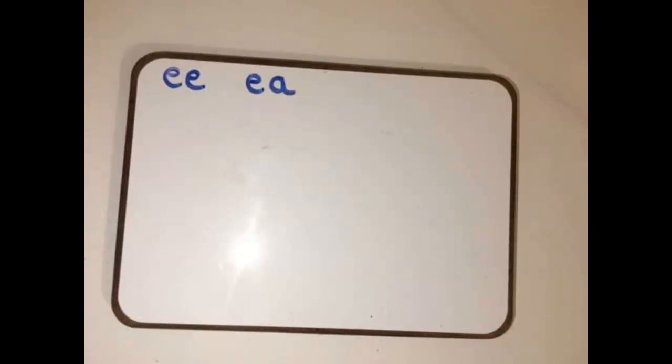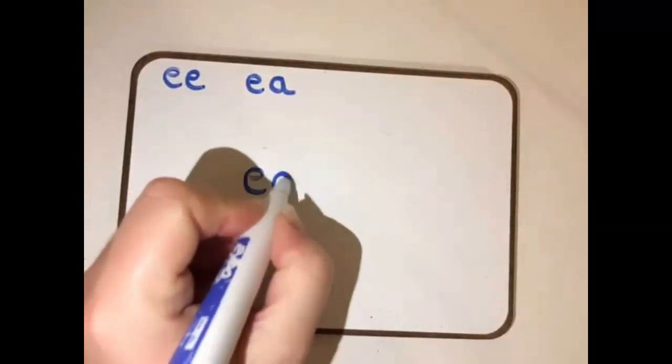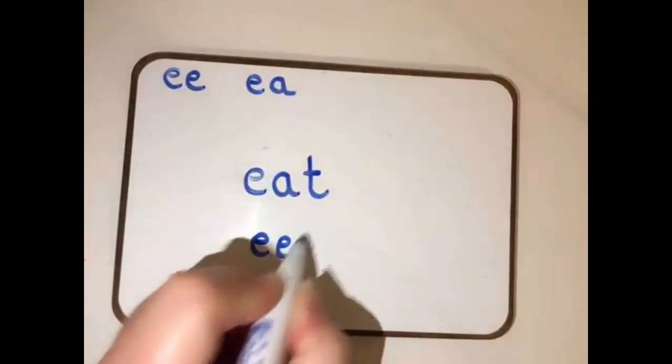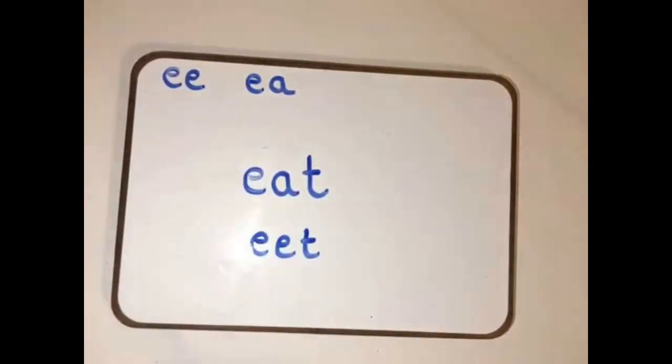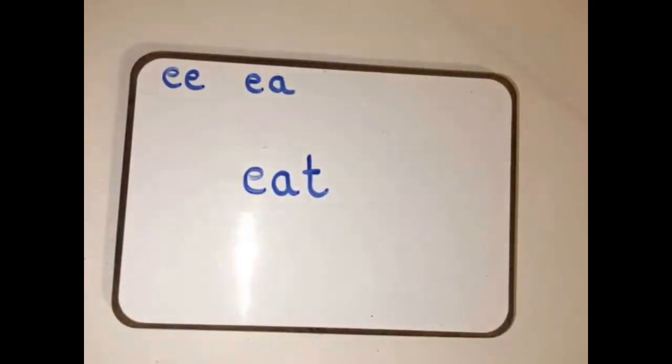Go ahead and write eat. All right. So eat is E-A-T. If we write E-E-T, we can see that that doesn't look like a word, right? So we'll take that off. All right? So this is the word eat.